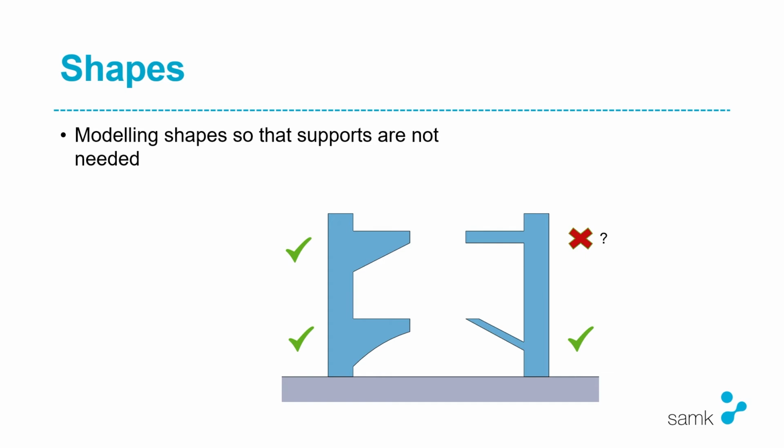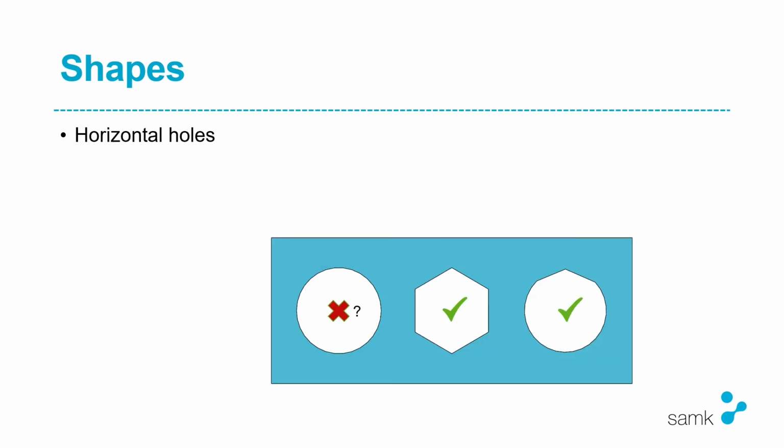If the part that comes outward from the piece is straight up at 90 degrees and there's nothing underneath, that won't come out without supports. That will fail, or the underside of the print will be really ugly. And these are examples when talking about FDM 3D printing. What about holes in horizontal direction?